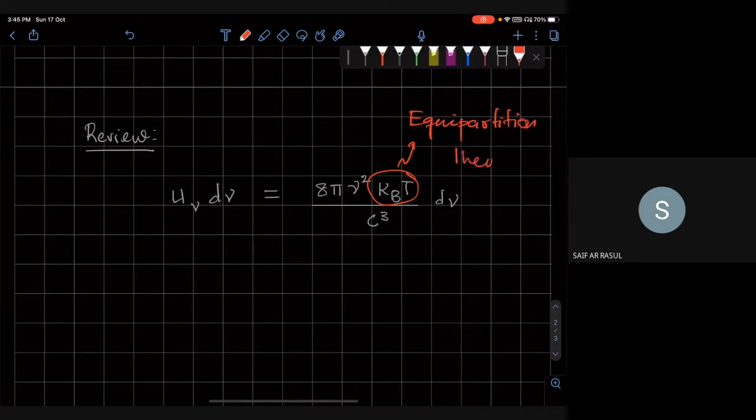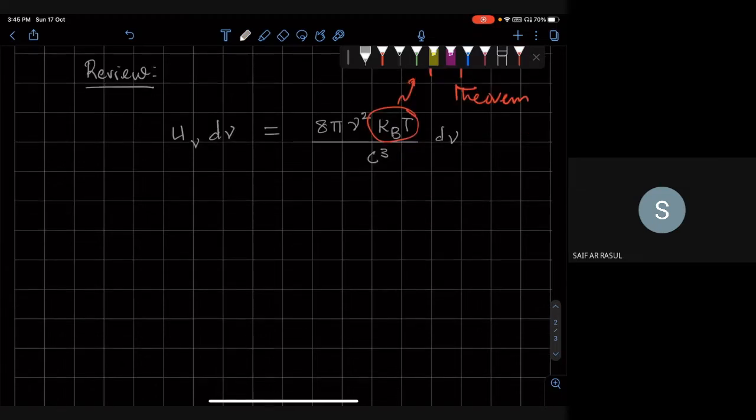And the fundamental assumption that goes into the equipartition theorem is the Boltzmann factor, and you derived that in the tutorial.